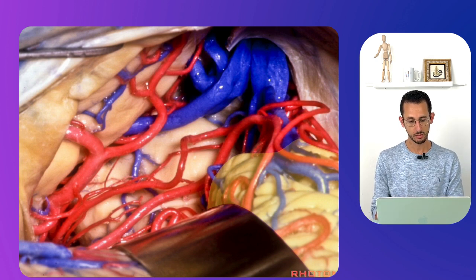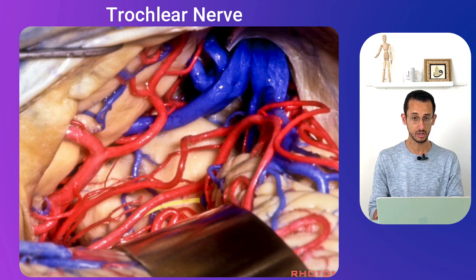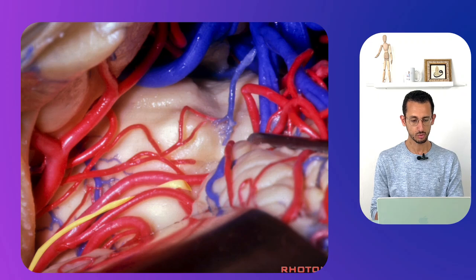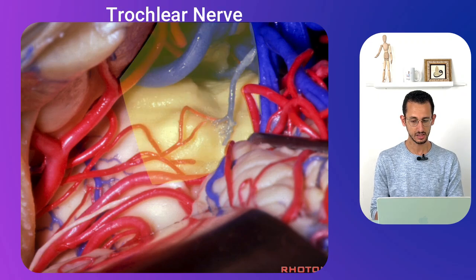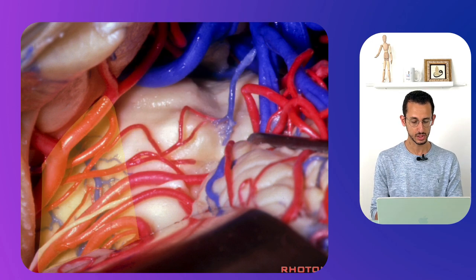So here we are paramedian. You can see that the apex of the vermis is being pushed, and it's not covering the trochlear nerve anymore, as it comes from the inferior colliculus. Here is the posterior course of the trochlear nerve. You can see it comes at the inferior aspect of the quadrigeminal cistern, and then it enters into the ambient cistern.